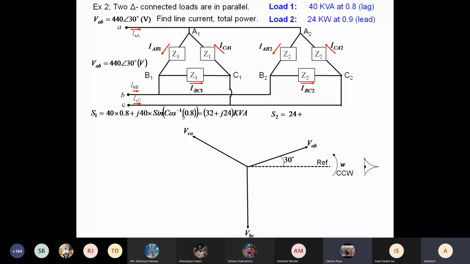Once you do 24 by 0.9, you get the kVA, and then you have to find out the sine of cos inverse of 0.9. But since this is a leading load, there will be a minus sign.